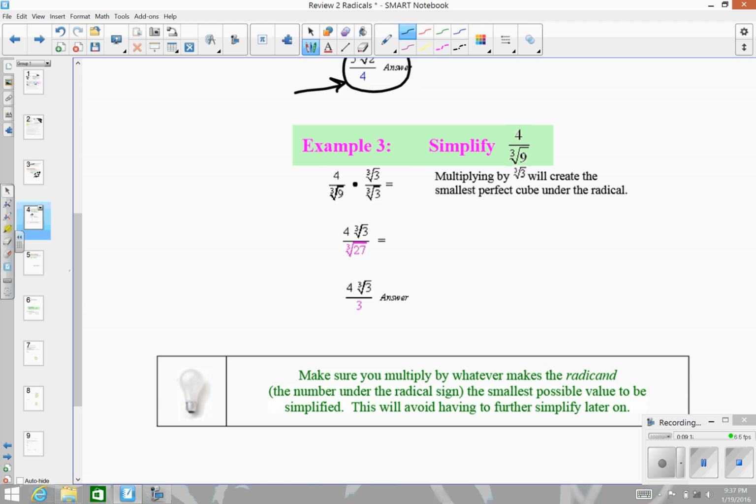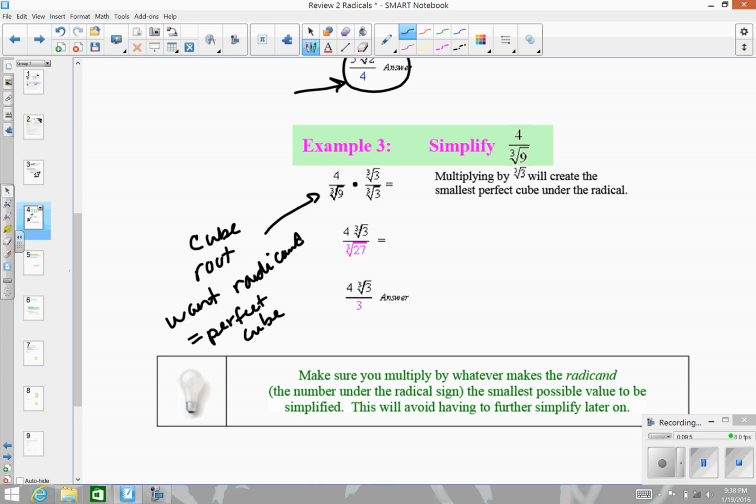Alright, that brings us to this next example, and this time I do not have square roots, I have cubed roots. So I want to multiply my denominator by something that will give me a perfect cube. So what I want is a radicand that is equal to a perfect cube. In this case, I can multiply 9 times 3 to get 27, and 27 is a perfect cube.